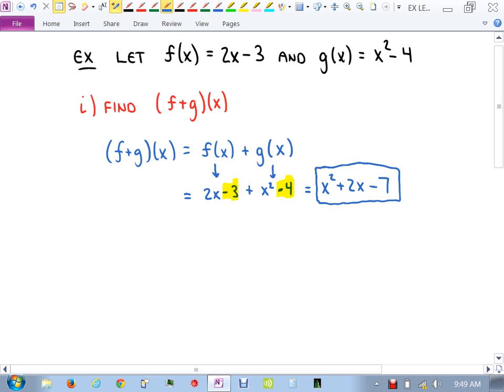So let me ask you a question right now. F function. What's f of 2? 2, y'all all agree? What's f of 2? G, f of 2? Do we need to bring another table into the f?